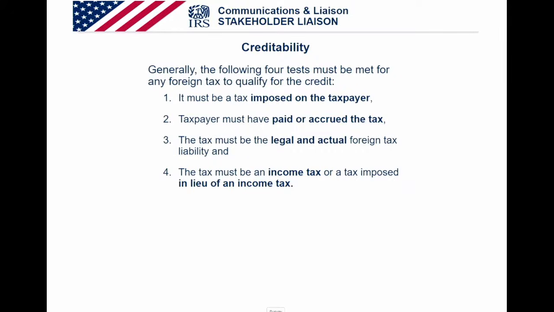Now, under the old regulations, which were in place since 1983, but have had some revisions since, basically required that the predominant character of the tax must be that of an income tax in the U.S. sense. And the predominant character test is met if the foreign tax is likely to reach a net gain.